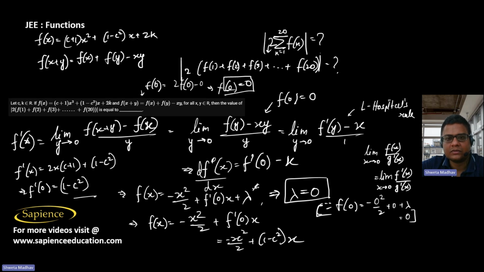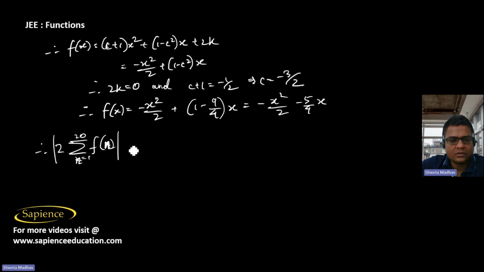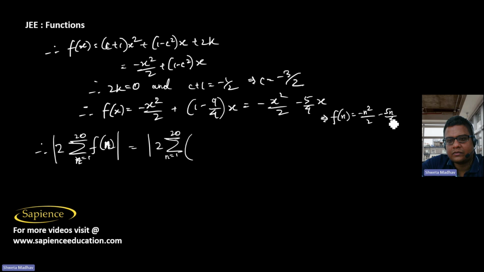This value we have to find out. So this will be written as mod of 2 into summation n goes from 1 to 20 of f of n, that will come as minus n square by 2 minus 5n by 4.